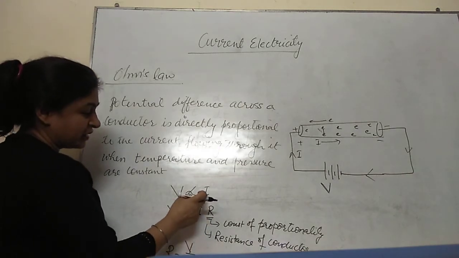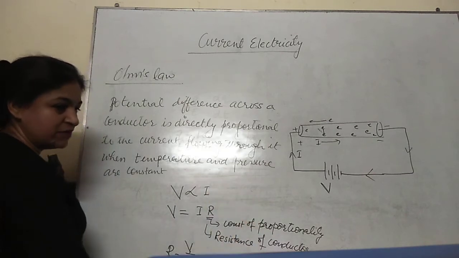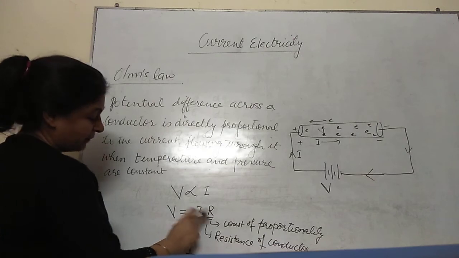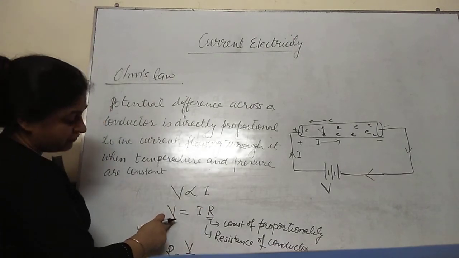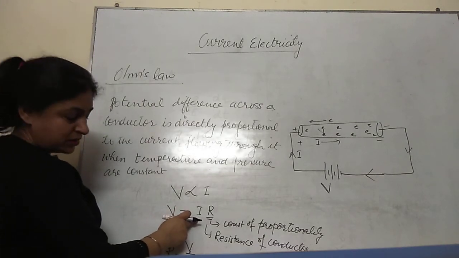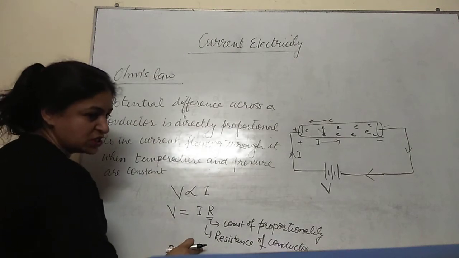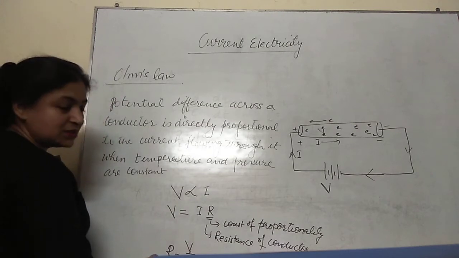So if I say that a particular material or particular wire has some resistance, it is just the constant of proportionality there. It is basically the ratio of the potential difference across the conductor and the current flowing through the conductor. This is a ratio of the two, and it would remain constant whether you are changing the battery or the current is going to be changed in the conductor.